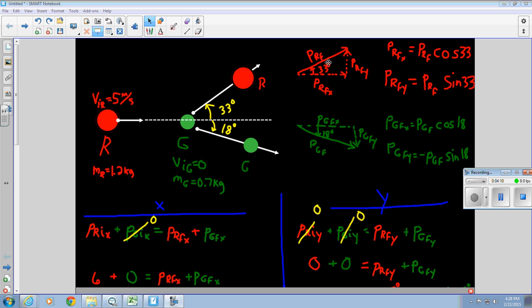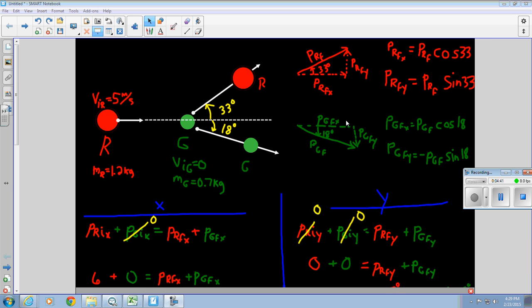That's going at 33 degrees. And we know that cosine of 33 is adjacent over hypotenuse. So adjacent over hypotenuse, we've just multiplied the hypotenuse over. So we have something to substitute in for our x component of the final momentum for the red ball. And same thing with the y, except we're using sine because sine is opposite over hypotenuse.